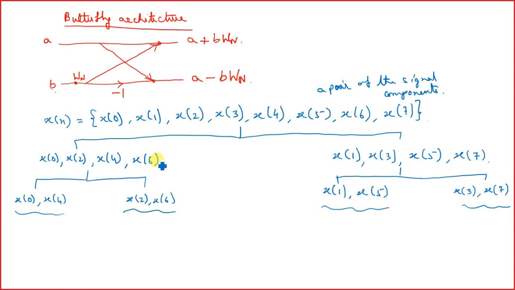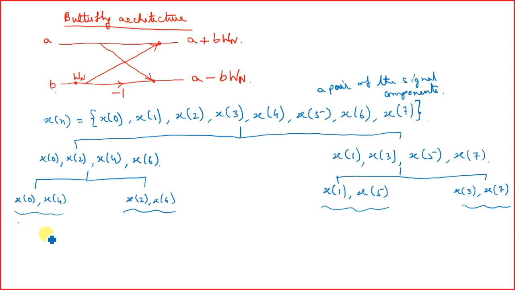Now you would say, sir, what is the use of this in the FFT? So whatever is the arrangement of this signal in this given order, as you move from left to right, the signal is being used in this order in the DIT FFT or DIF FFT.